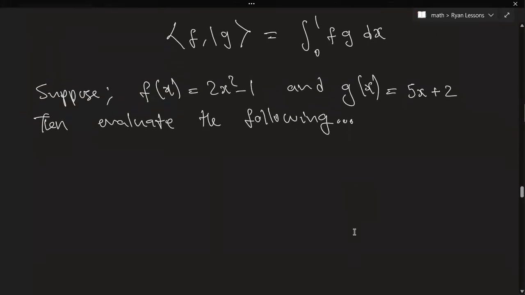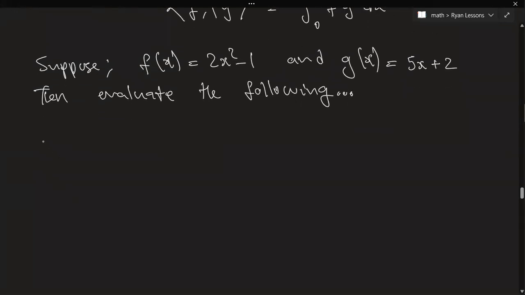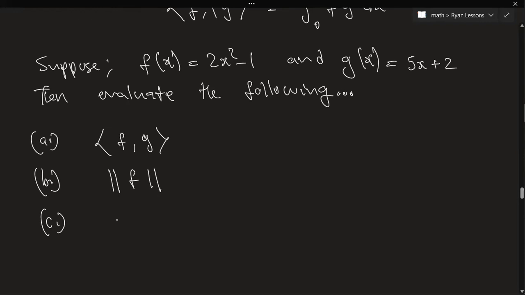This is one typical problem that you can get in exams. They will say evaluate the following: a, the inner product of f and g; b, the norm of f; c, the angle between f and g.